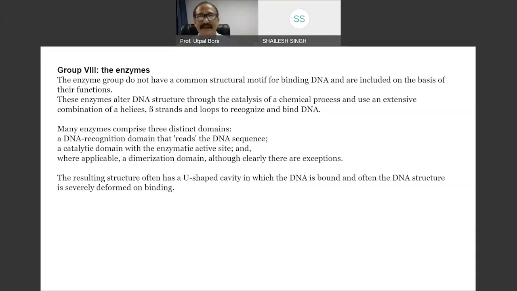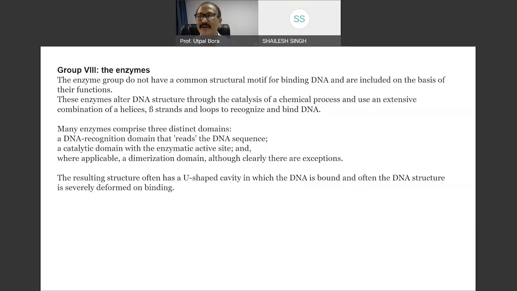The enzymes have the highest numbers, as I told you in the beginning in the statistical table I showed you. The enzyme group does not have a common structural motif for DNA binding and is included on the basis of function.